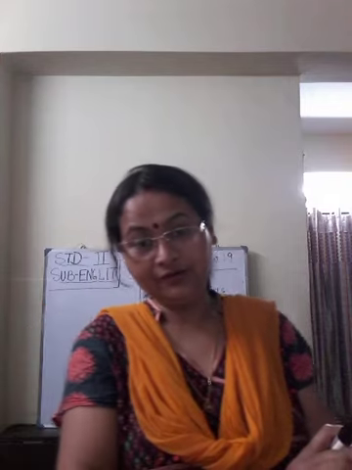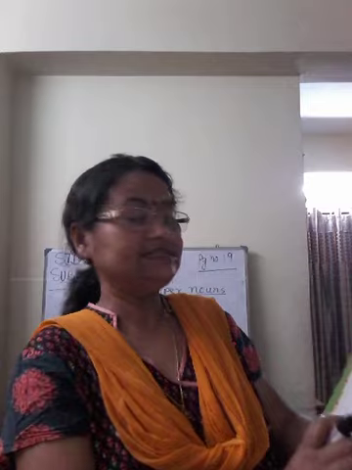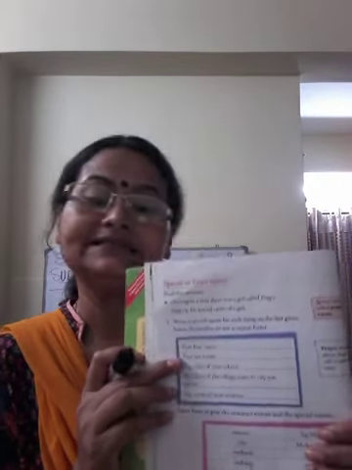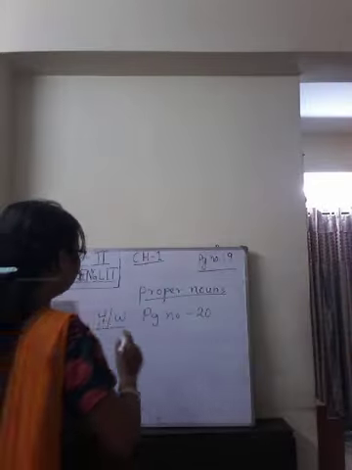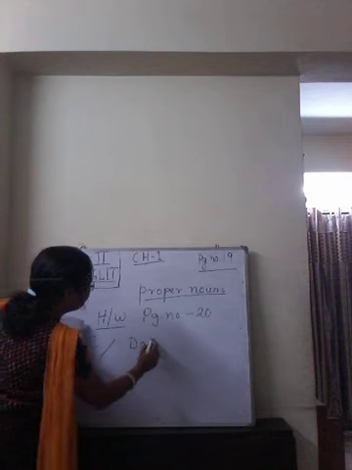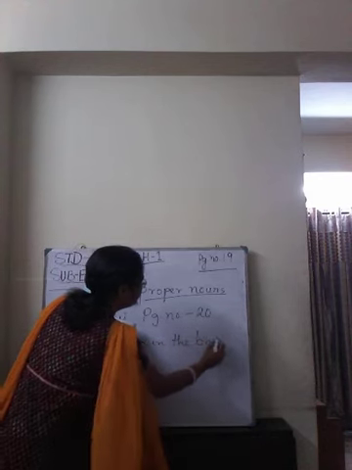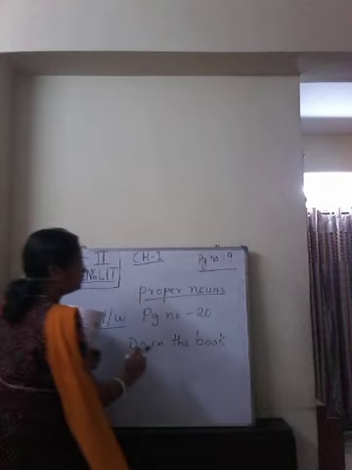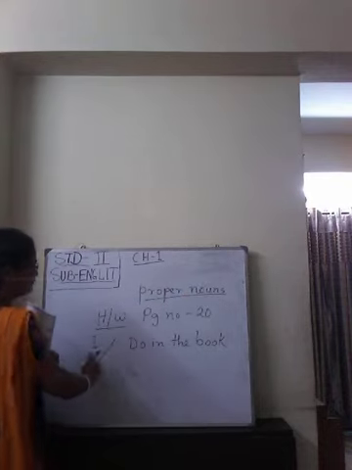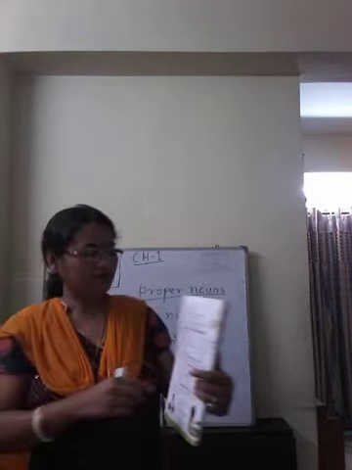Okay, you all know what is the name of your country. So fill up this one. This will be your homework. Do it in the book itself. Okay, where you will do? Number 1 is homework. Do it in the book. Okay. Page number 20 is your homework. So you will do it in your book.